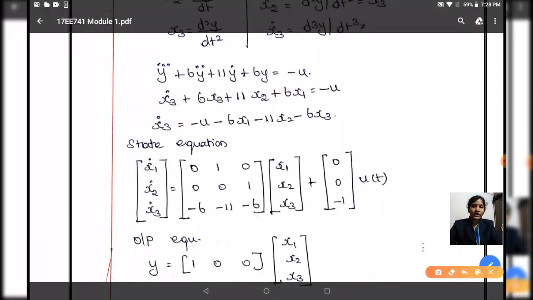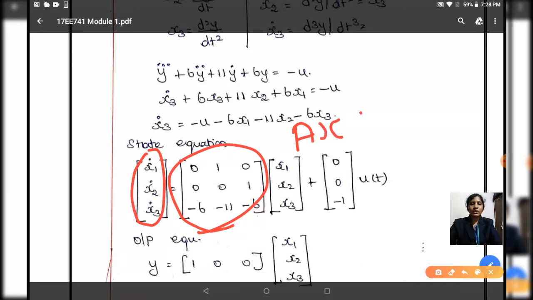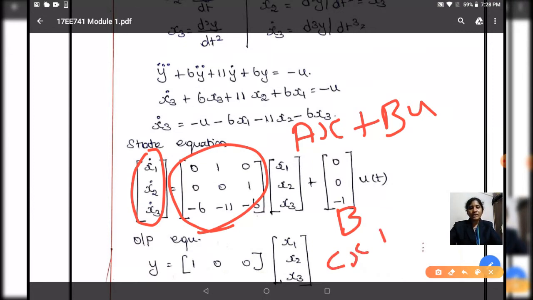Whatever you have identified for x1 dot, x2 dot and x3 dot, write the matrix A, because your state equation represents x dot of t is equal to ax plus bu. This is in case of your linear time invariant system, and this is your B matrix representation. And the output equation is y is equal to cx plus du.